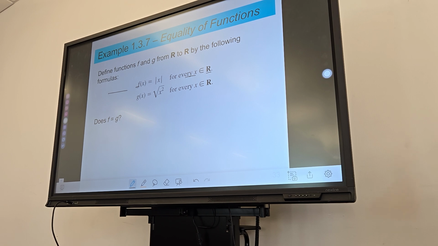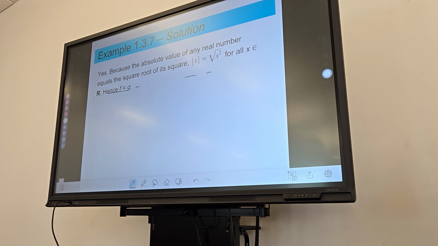Yes, because the absolute value of any real number is the same as the square root of its square for all x in R. So f would be equal to g in that case, for all real numbers.